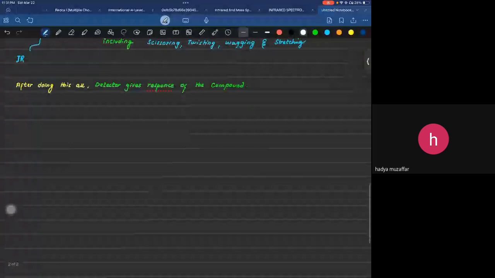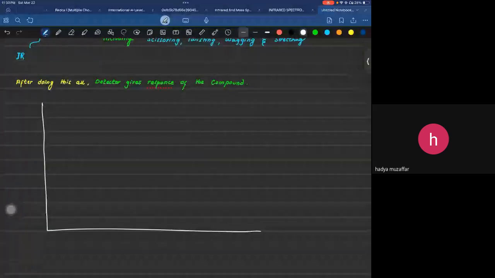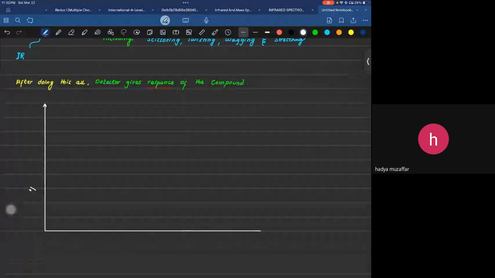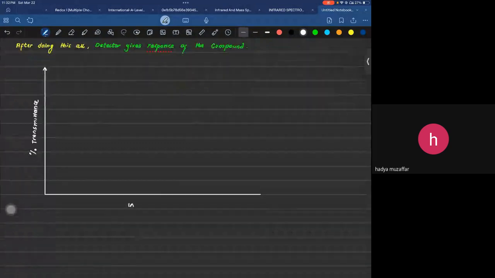On the y-axis you have percent transmittance. On the x-axis you have wave number in centimeter inverse. This is the response of a compound.